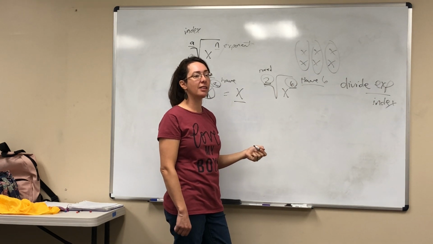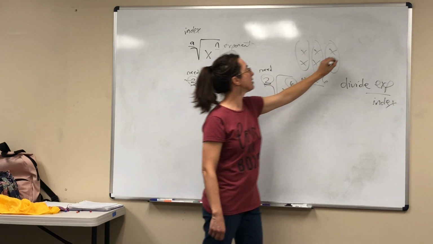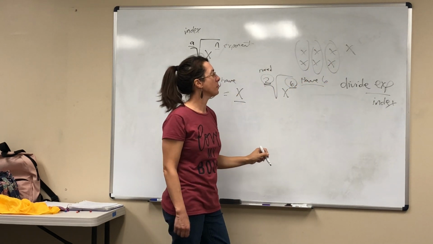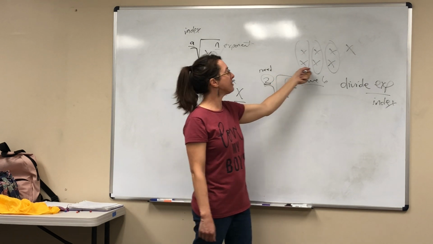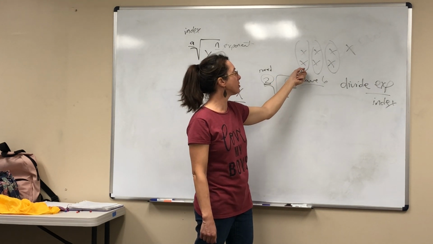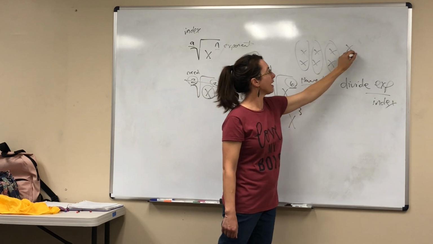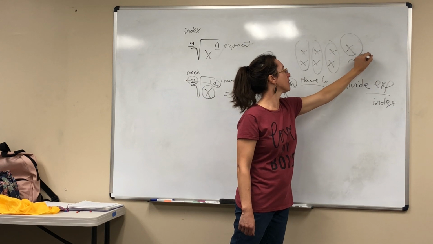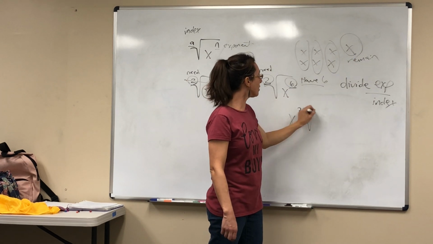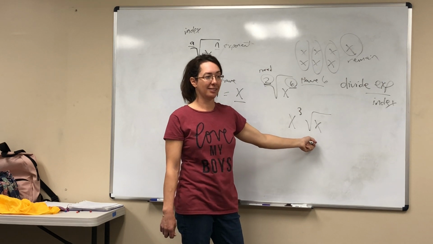And then the leftovers. Remember, in elementary math, if I have 7 apples and I need them in groups of 2, I have 3 sets and a remainder. The remainder is going to remain underneath.